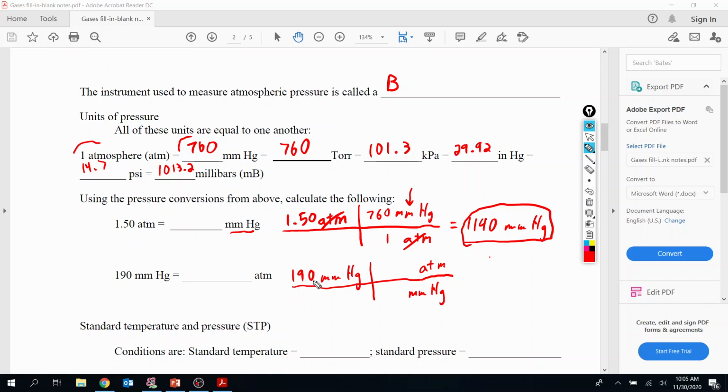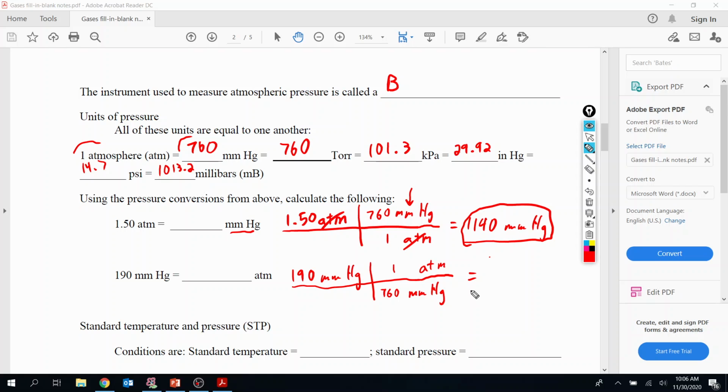Now, again, 760 millimeters of mercury is equal to 1 atmosphere. Fill that in. All right, and so this time I'll take 190 and divide by 760, and I'll let you do that, and just by my rough math, that'll be around 0.25.